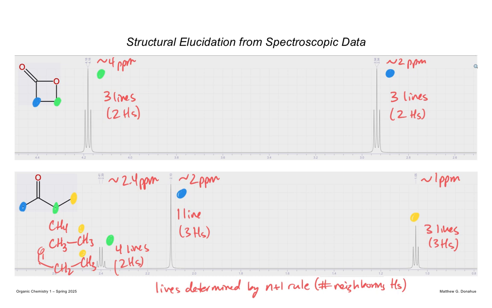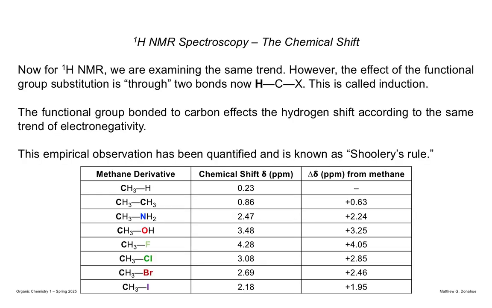Any questions? So again, since we're looking at proton NMR now, we're looking at the H signal, but the chemical shift is really determined by what is bonded to the carbon that's bearing that hydrogen, or that set of hydrogens, so this X group.